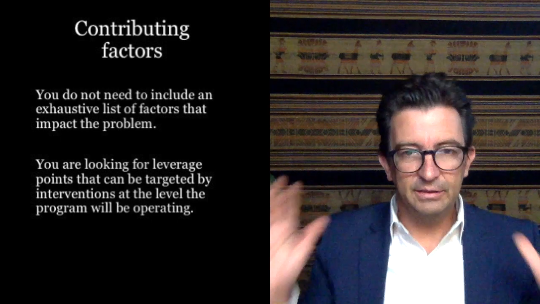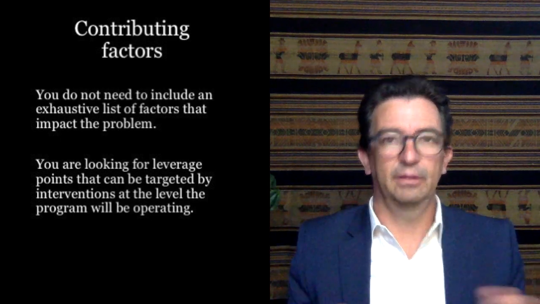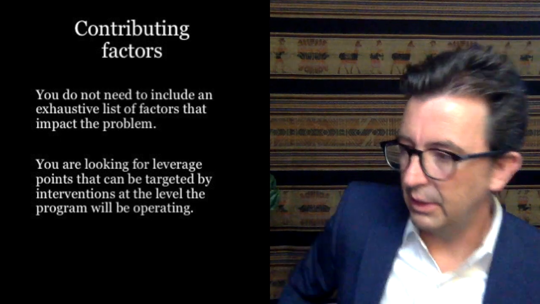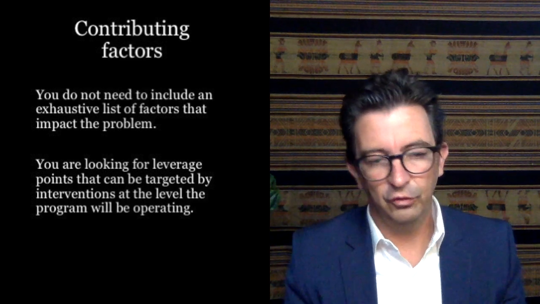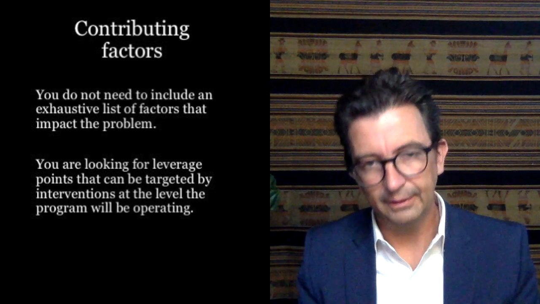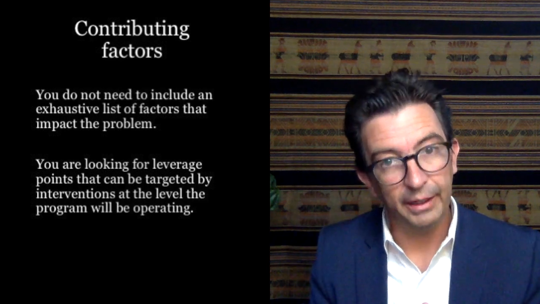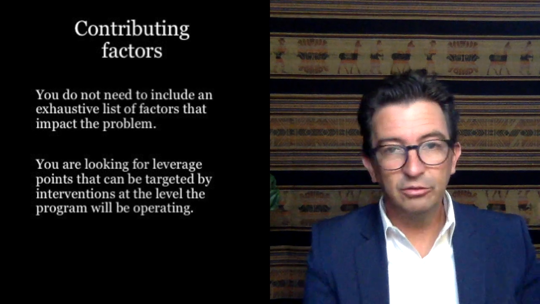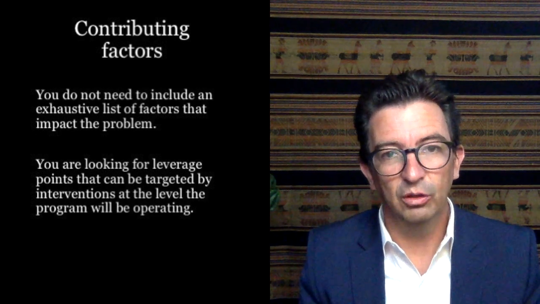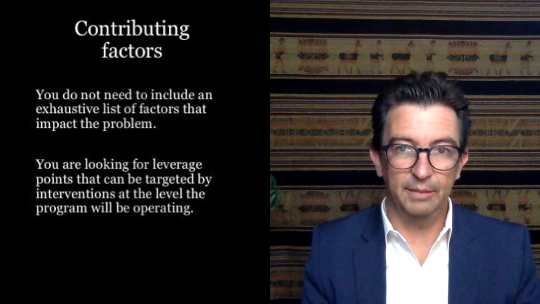Now, you do not need to include an exhaustive list of factors that impact a problem, right? If you have, let's say, a problem of college dropout rate, there may be thousands of reasons why an individual or a group of individuals may end up dropping.